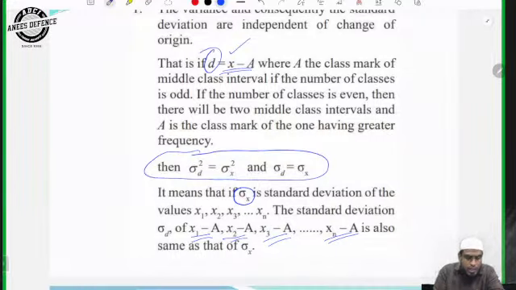So what is the value of the new variance or standard deviation? That is the same as that of the old one. The meaning is, the change of origin will not affect the variance and standard deviation. All observations should be changed a little, then you calculate the variance and standard deviation of the newly obtained n data.